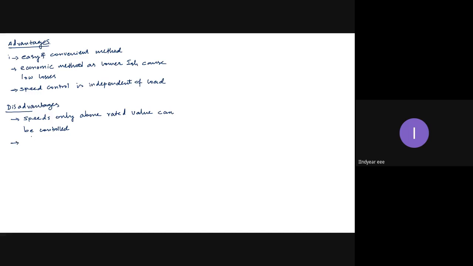Second, I can't increase the speed randomly. It means I can't just go on increasing the rheostat value so that speed increases. There is a maximum limit for the increase in speed.